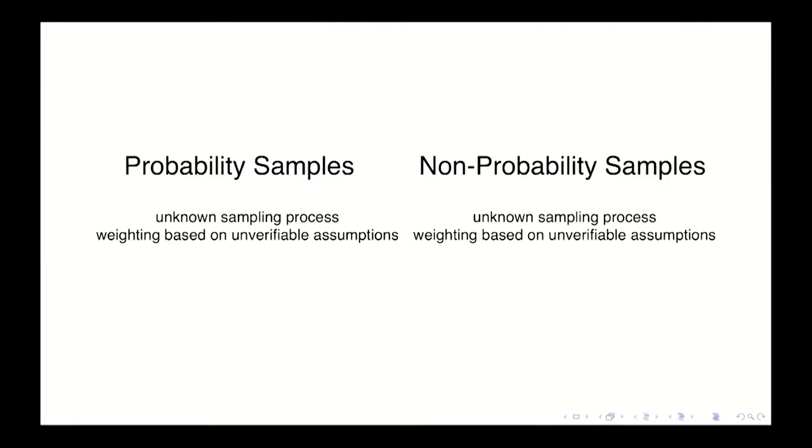We deal with that by making corrections, but basically we're making a bunch of assumptions to correct for this sampling process which we don't understand. That is very similar to what happens with non-probability samples.